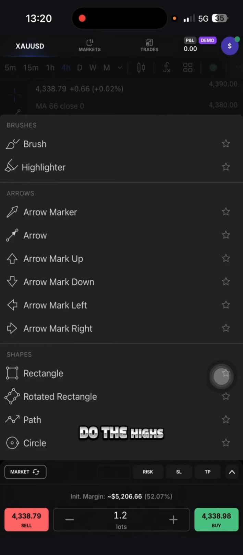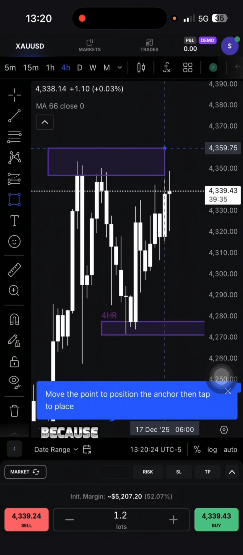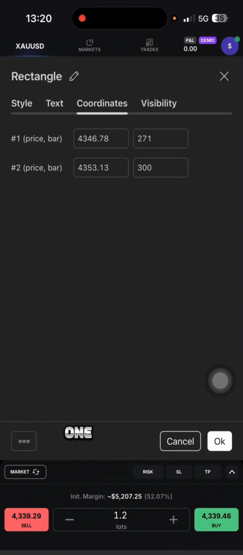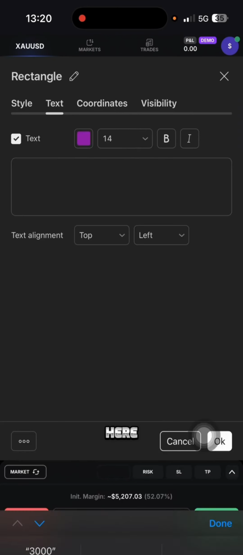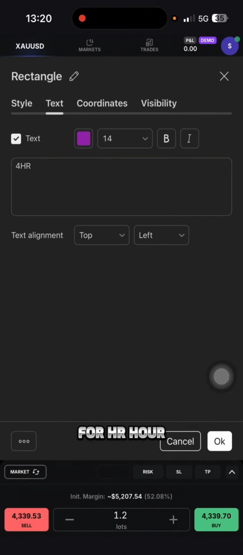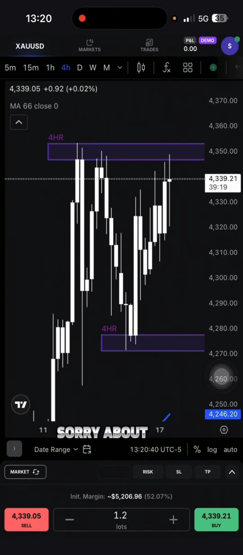And we're going to do the highs now. I mark out this high right here because I'm going to explain in a little bit. Add another zero right here for 4 hour.